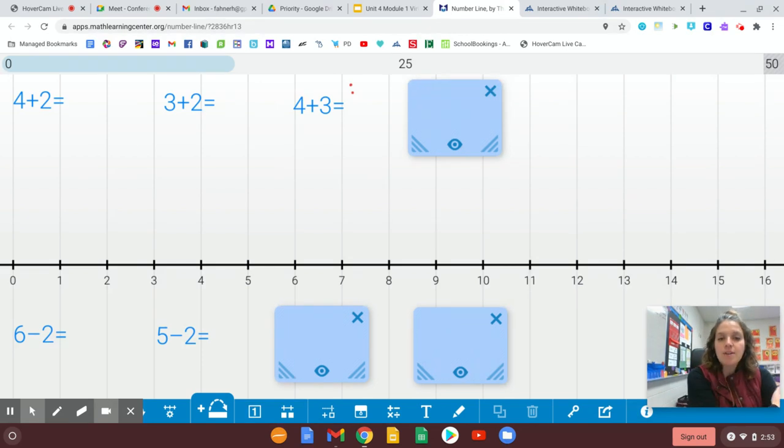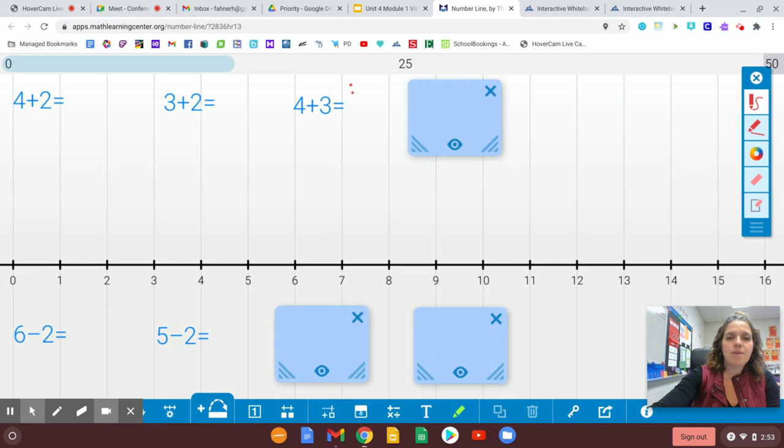Go ahead and use that number line that you have on your screen here to figure out what 4 plus 3 equals. What's my answer, everybody? 7.